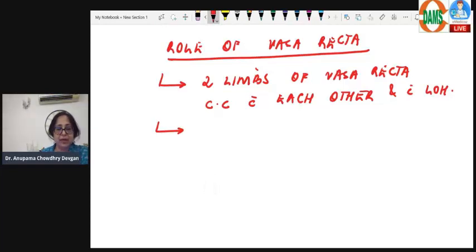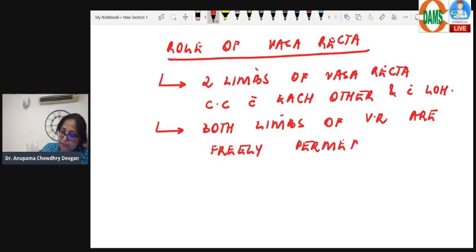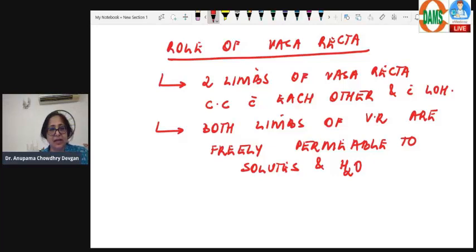Second important point, both limbs of vasa recta are freely permeable to solutes and water.